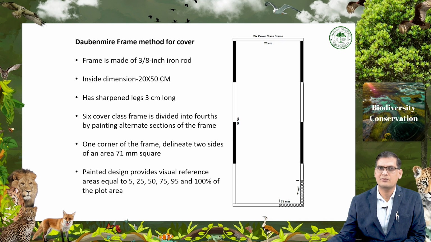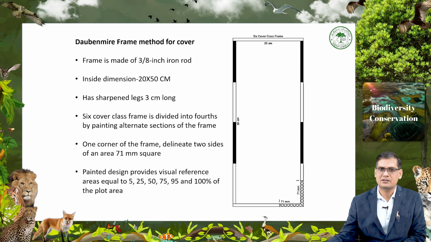Daubenmire frame method for cover estimation. The frame is made up of 3 by 8 inch iron rod with inside dimension of 20 by 50 centimeter. It also has 4 sharpened legs of 3 centimeter long to place the frame on the ground.